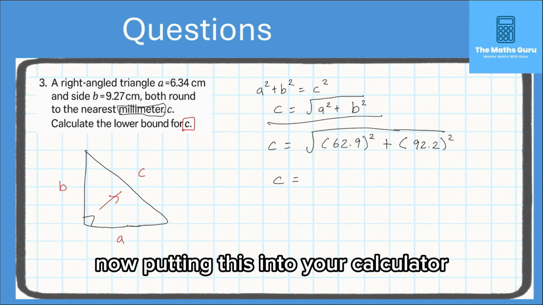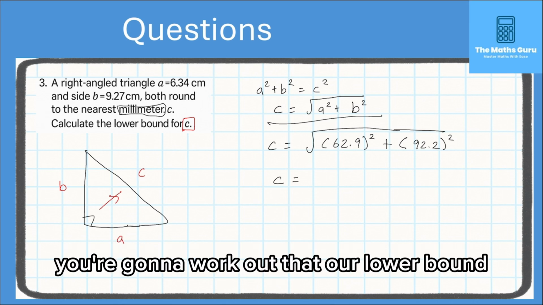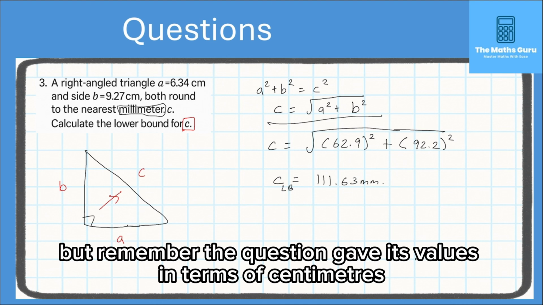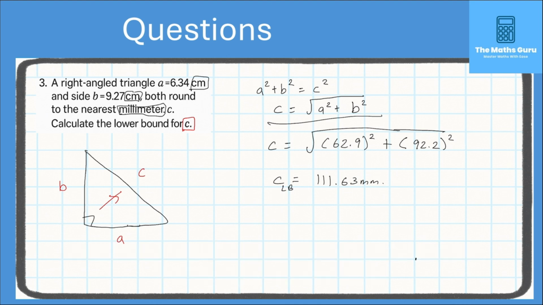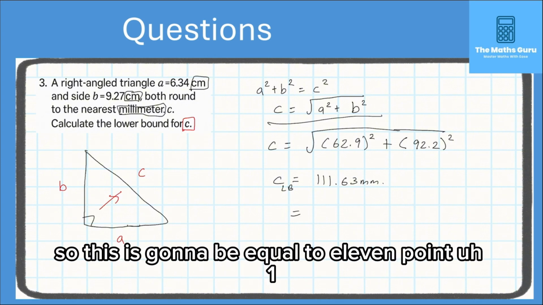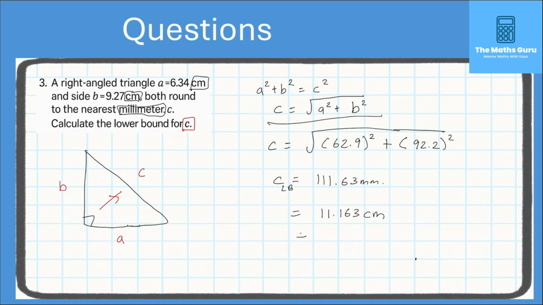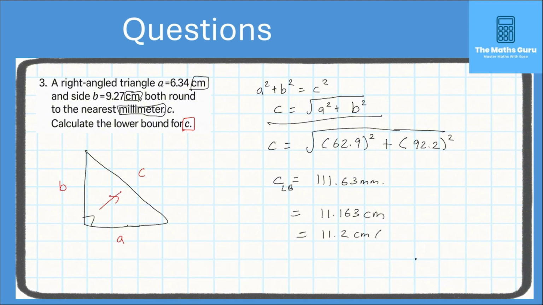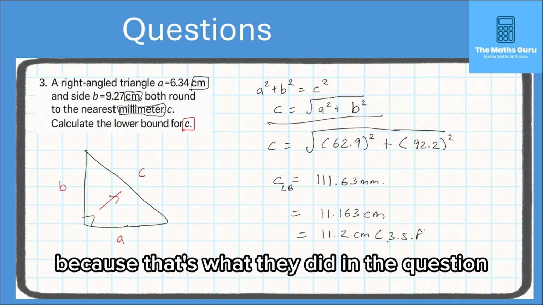Now, putting this into your calculator, you're going to work out that our lower bound for C is equal to 111.63 millimeters. But remember, the question gave its values in terms of centimeters. Therefore, I'd strongly advise you to convert back. So, this is going to be equal to 11.163 centimeters. And you can usually round this to 3 significant figures because that's what they did in the question.